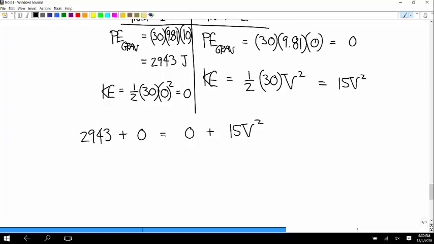So that is 147.15 equals v squared, I think. Then what's the square root of 147.15?